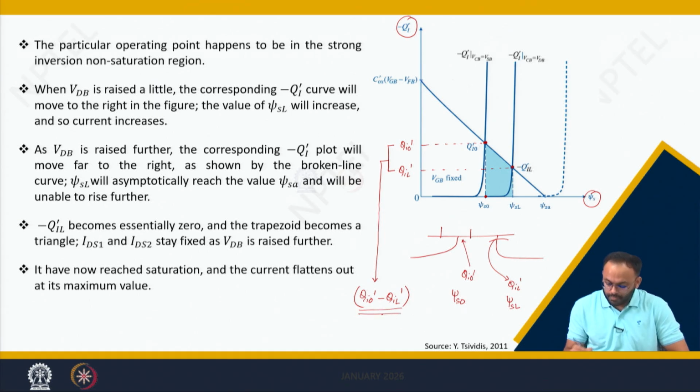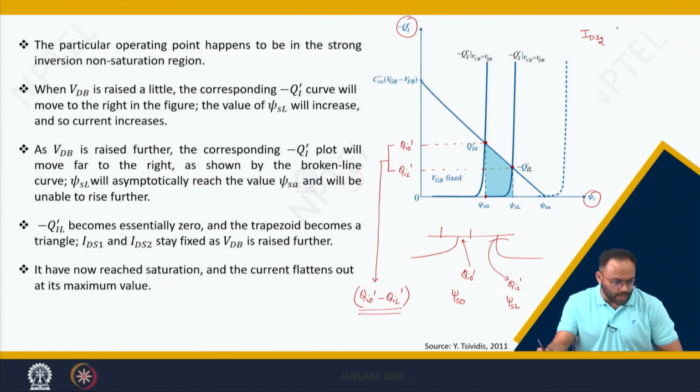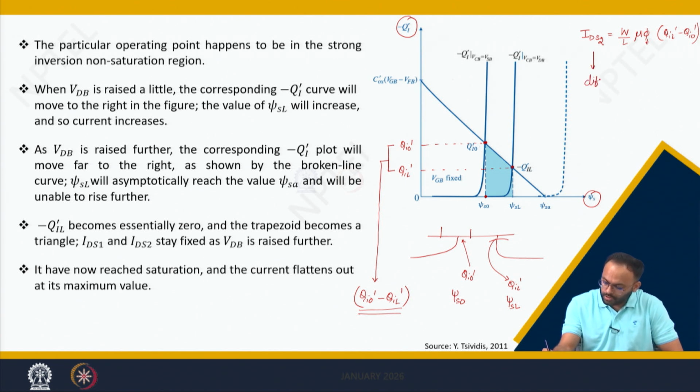it resembles something. If you see our previous equations of IDS2, then IDS2 can be written as W by L mu into phi t into qil dash minus qi0 dash, and this was nothing but a diffusion current component, or mean of diffusion current, right.